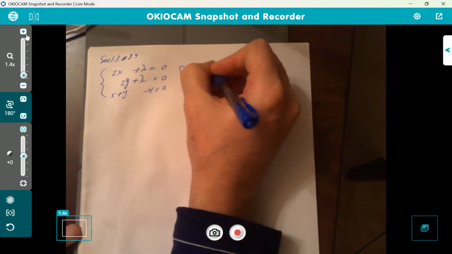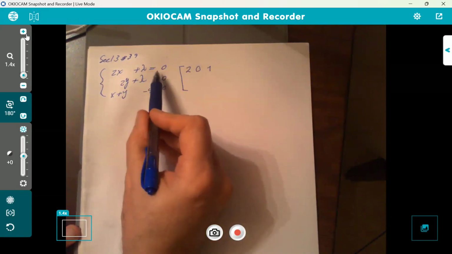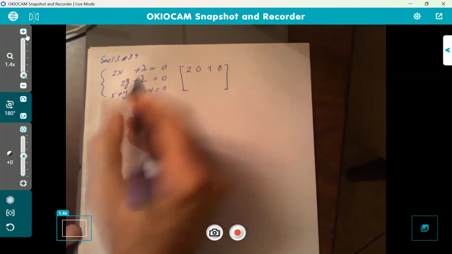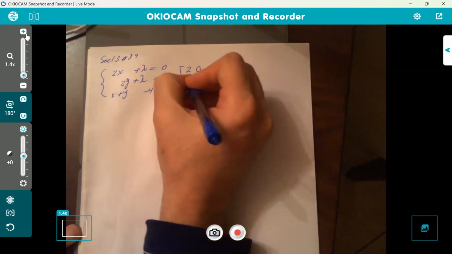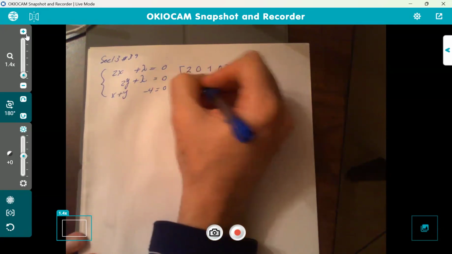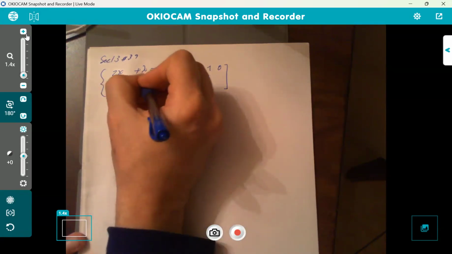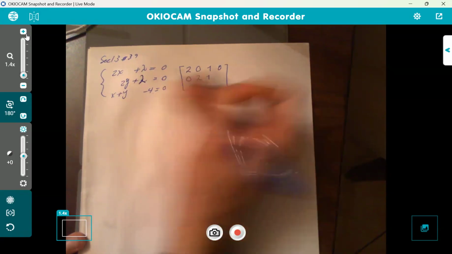It's going to be 1. Because just lambda means 1 lambda equals 0. So this would be the augmented matrix. Now the second equation, there is no x, so the x is 0, y is 2, and lambda, again, the coefficient on lambda is 1, and that equals 0.